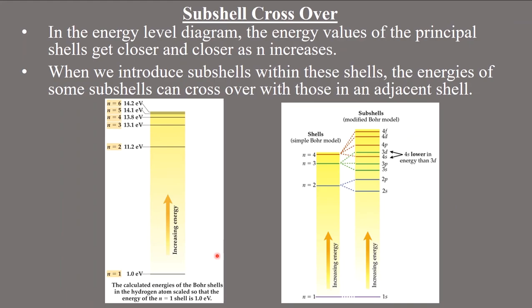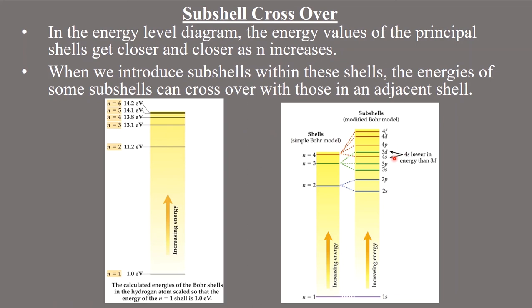Okay, let's look at subshell crossing over. We learned from Bohr's energy level diagram that energy values of principal shells get closer and closer as the n increases. When we introduce subshells within these shells, the energies of some subshells can cross over with those in an adjacent shell.